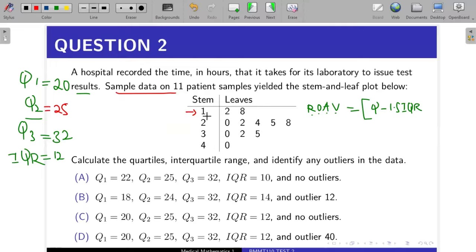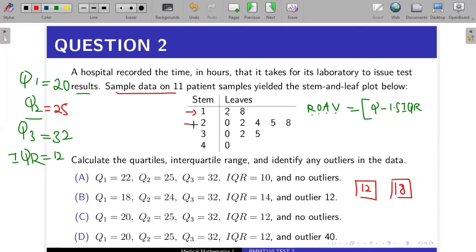If I have a stem of 1 and leaves 2 and 8, it means the first patient's time was 12 hours, and the second patient's was 18 hours.